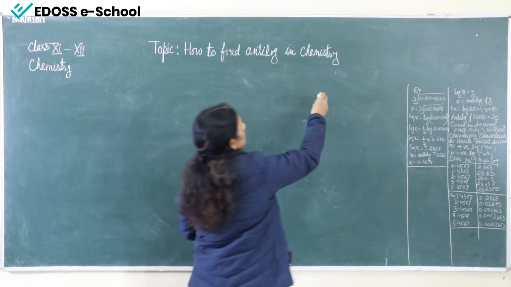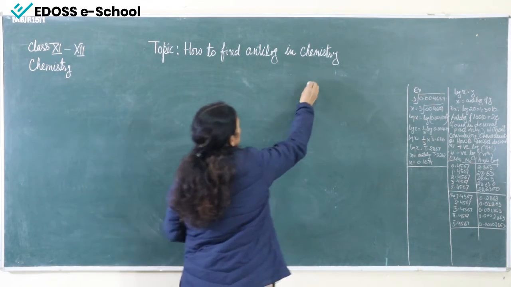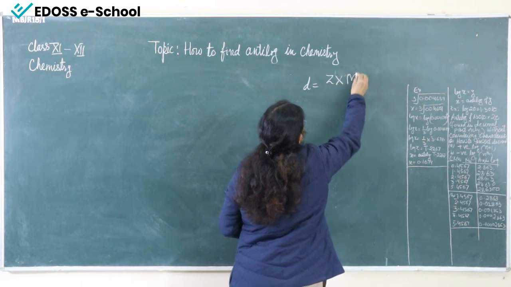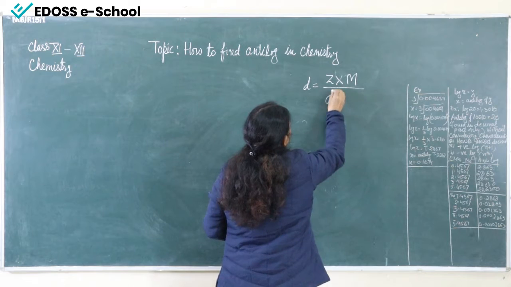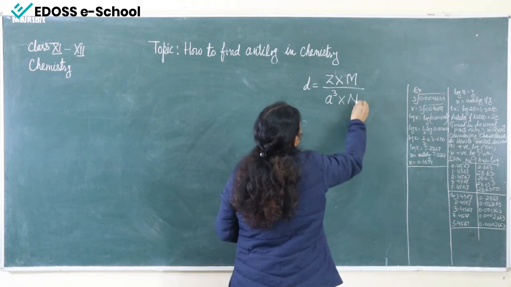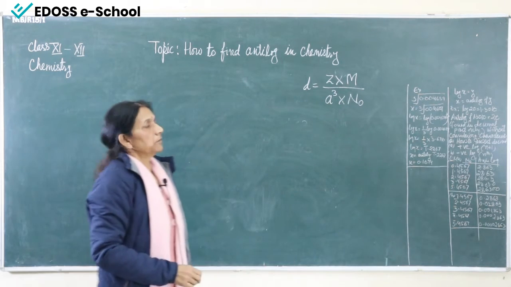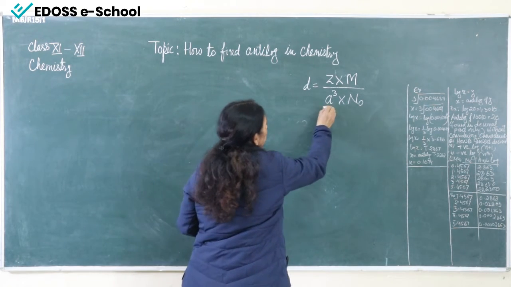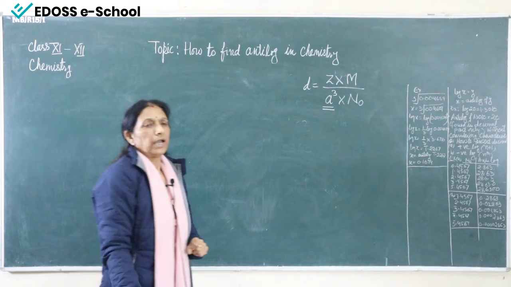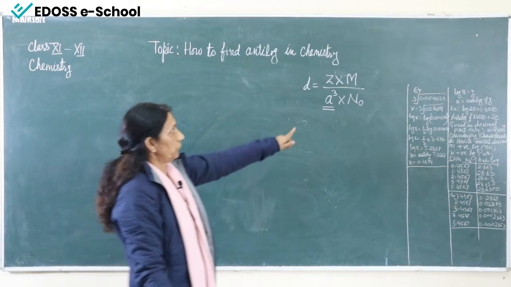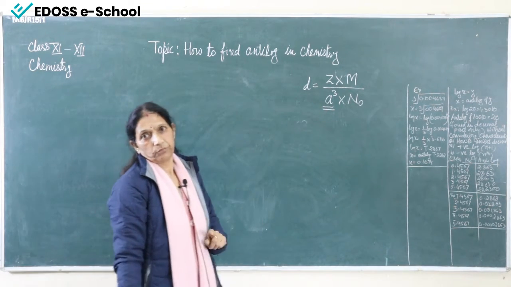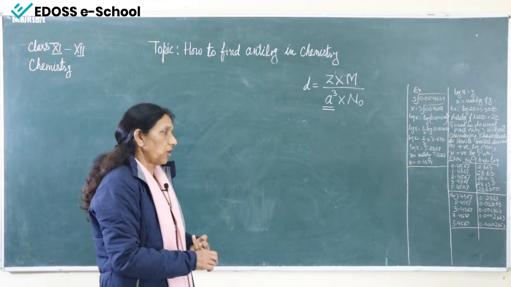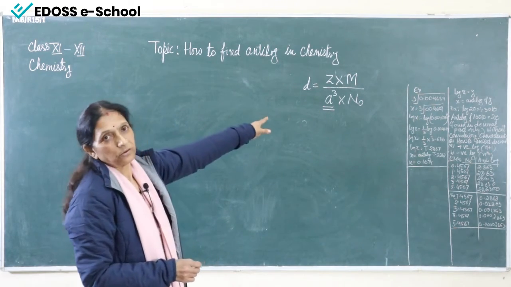See here, this is the formula D is equal to Z into M upon A cube into Avogadro number. Okay. So, sometime you have to find the value of A cube and it becomes very difficult for you to solve how to find the A cube. So, for this we can easily use log and then antilog.